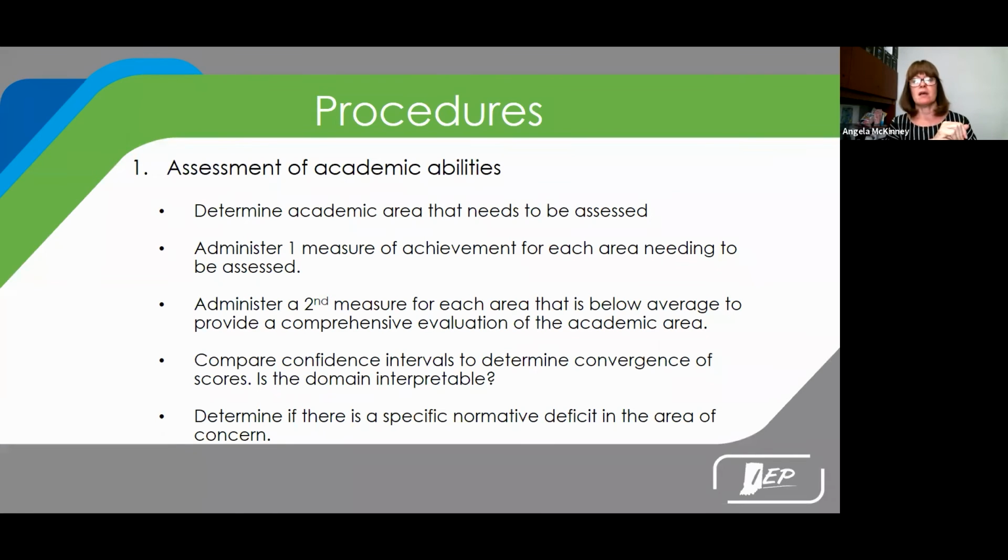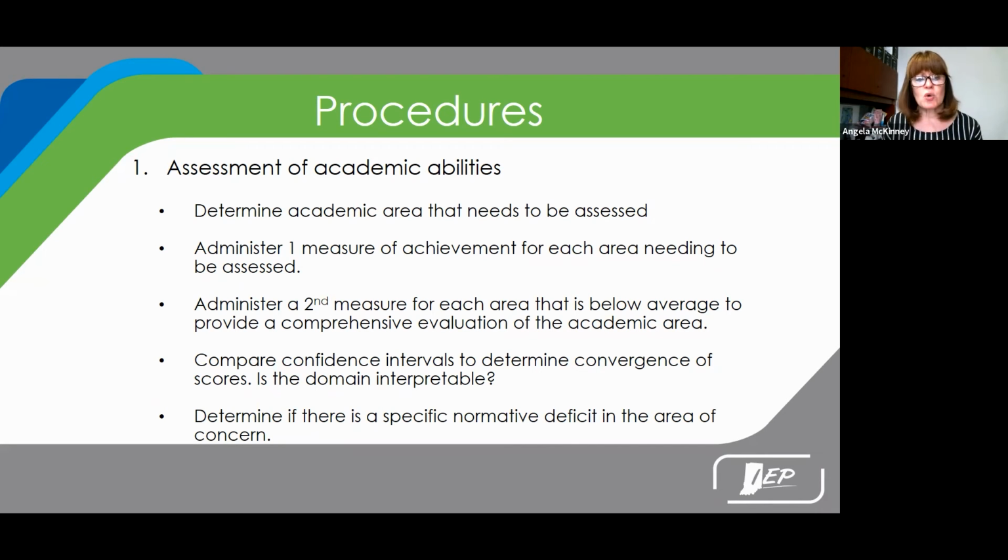Or do KTEA subtest scores for math. Think about what do we need to assess. Sometimes it's easier to just assess everything, but it makes more sense to me to deeply assess the things that we're concerned about and use established information that says a student is okay in other areas.